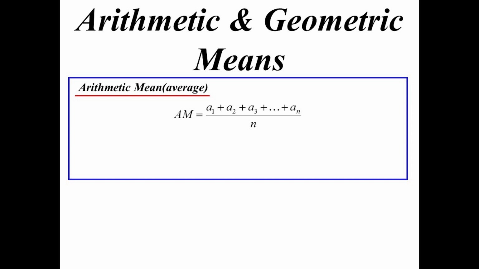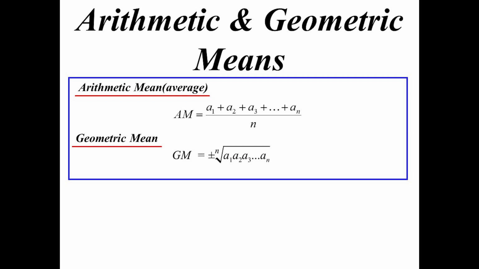Okay, arithmetic and geometric means. The arithmetic mean is simply the average. Okay? And that's why in stats you often hear them just call it mean, but it's actually arithmetic mean. So add them all up, divide by the number of terms that you have.